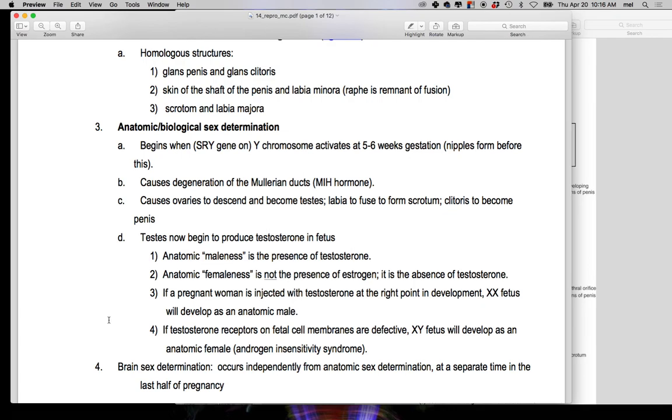Well, there are situations in which a woman accidentally shoots herself up with testosterone at exactly the wrong point in development. So women do sometimes shoot themselves up with testosterone to build muscle mass. If you had a woman who was at exactly the wrong point in development, 5-6 weeks post-implantation, she was messing with her hormones, she might not menstruate regularly, and she probably didn't know she was pregnant.